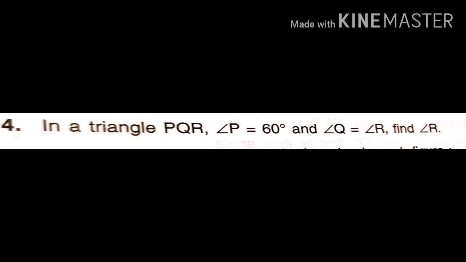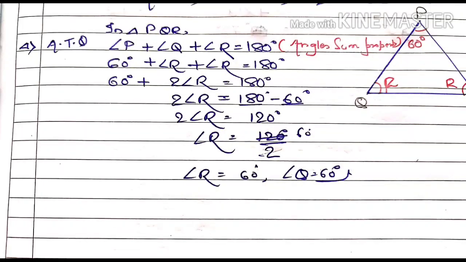Number 4. In a triangle PQR, angle P is given as 60 degrees, angle Q is equal to angle R, and we have to find angle R. What I have told you at first, we will try to make the figure. So see the figure first. Check triangle PQR. According to the question, in triangle PQR, angle P plus angle Q plus angle R is equal to 180 degrees.